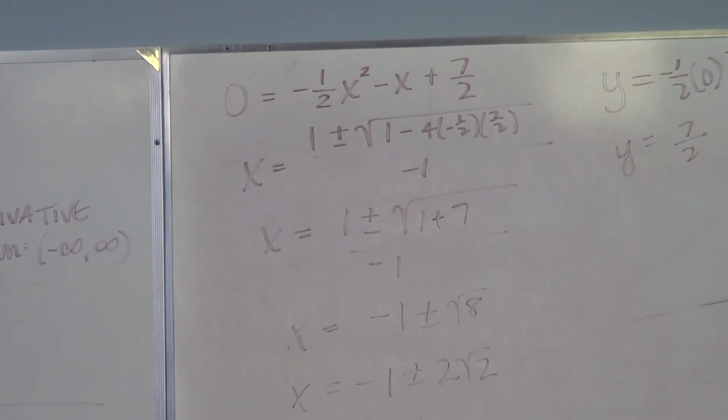So negative 2x squared equals negative 3, so x squared equals 3/2, right? Oh, I dropped it. You see? Okay.